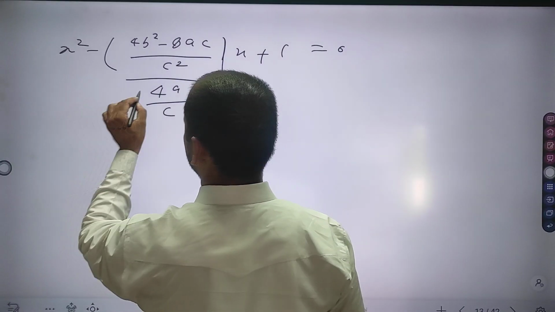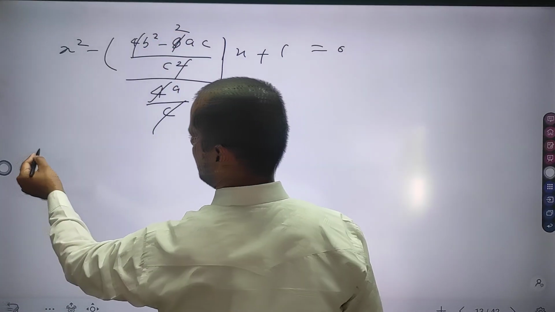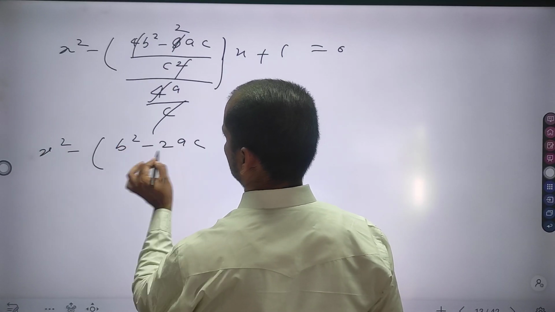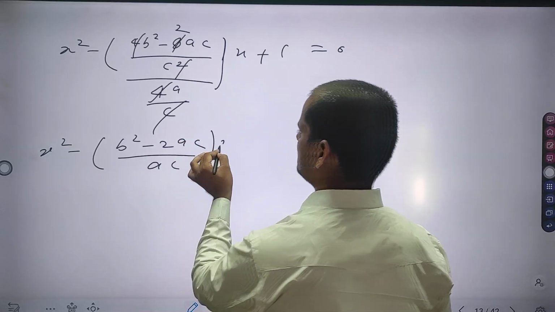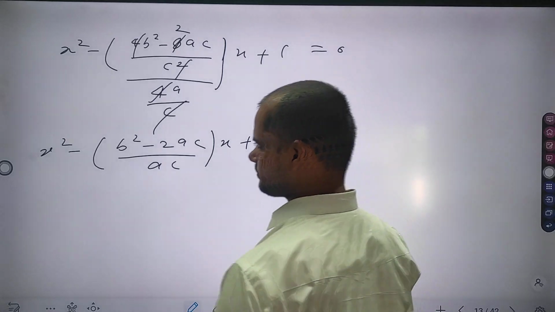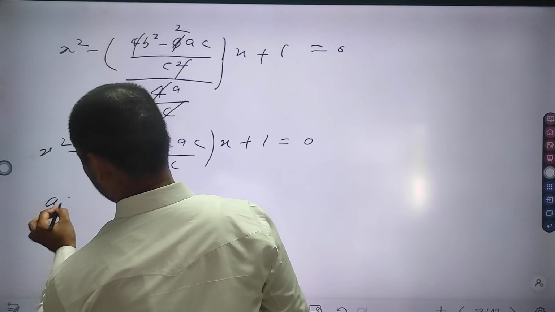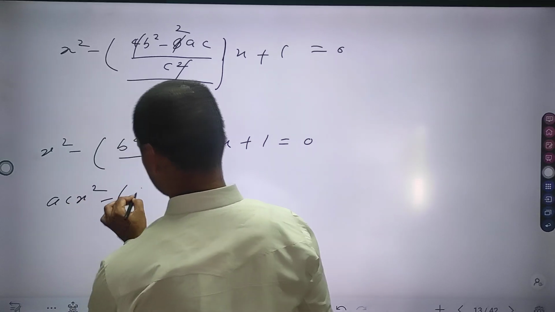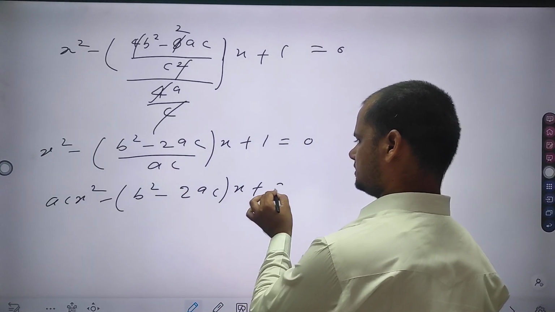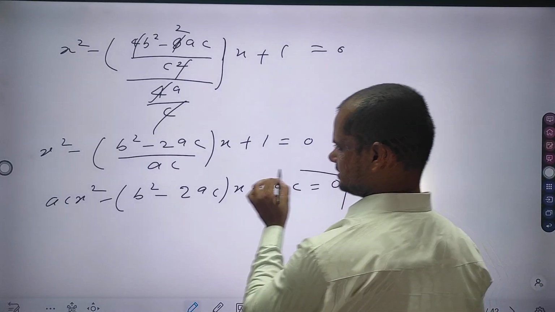Now we will simplify here, c will be cancelled out and 4 will be cancelled out, this will be 2, and this is x square minus (b square minus 2ac) upon ac, multiply by x plus 1 equal to 0. Now multiply by ac to the complete equation, then this will become ac x square minus (b square minus 2ac) multiply by x plus a into c equal to 0. This is the required result.